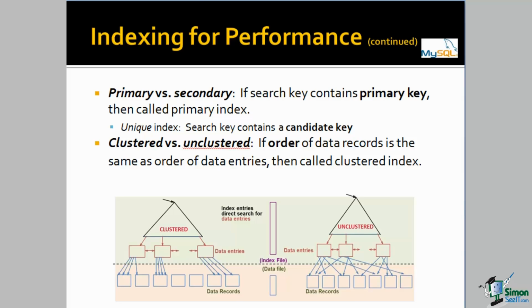This is sometimes also referred to as the primary index. When we define the primary key, that causes the data within the table to be sorted and organized based on the value of the primary key. So a clustered index is actually the organization of the data itself within the table.